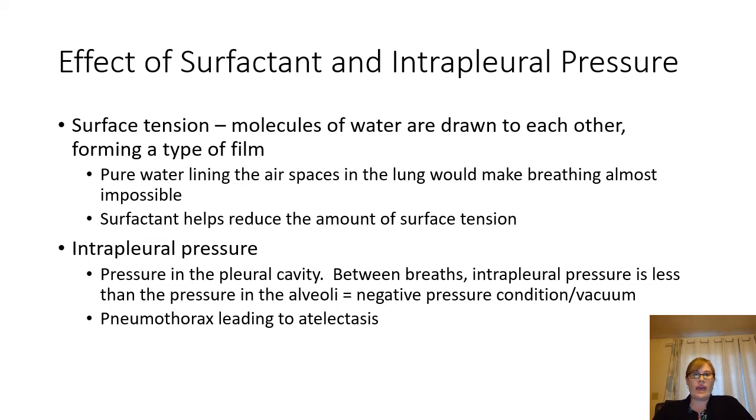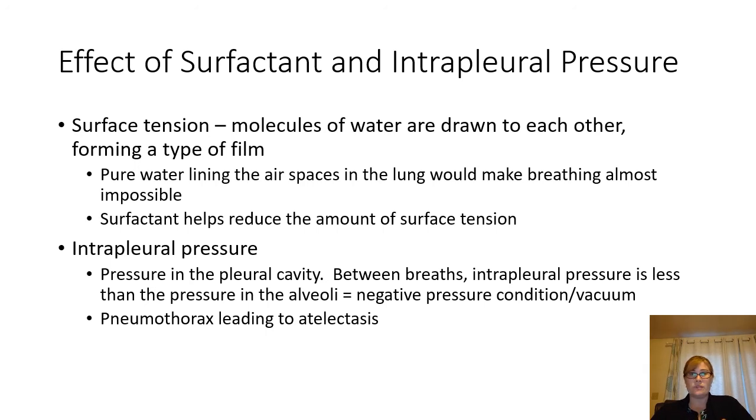When that pleural cavity is breached in some way, whether there's a break through the parietal pleura from the outside or visceral pleura from the inside of the lung, and in either event, it could be from an injury or from a pneumonia, we would call that a pneumothorax.